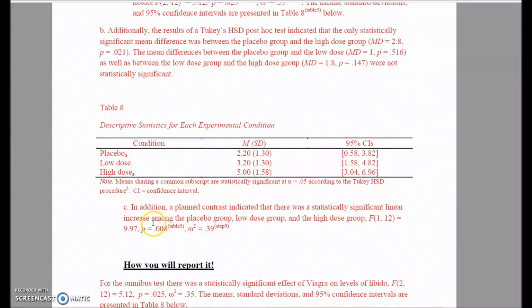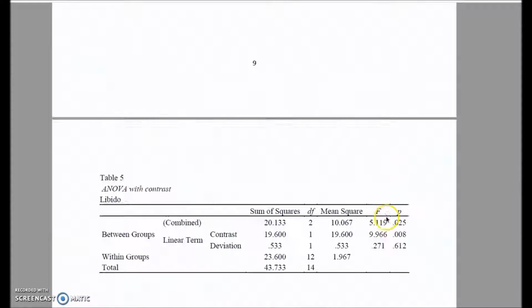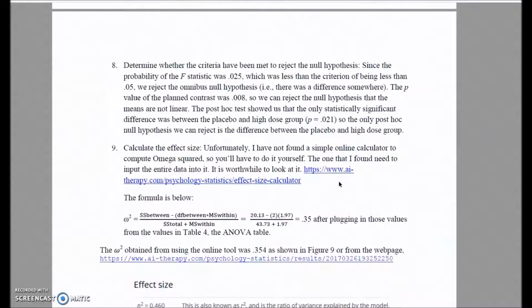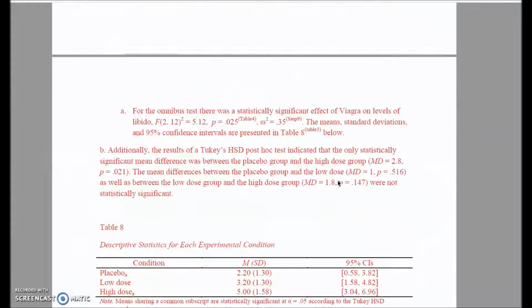Remember, this was our research question. That's where it's coming from. And then I have F(1, 12), which comes from this one here, between the groups, because I'm looking at the linear contrast, and within the group is 12. So that is its degrees of freedom.